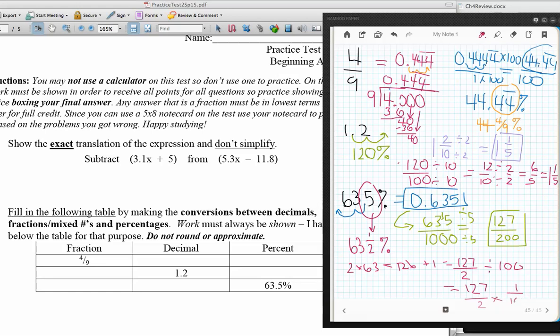And then with fraction multiplication, I multiply across the numerators. 1 times 127, 127, and 2 times 100, so that's 200. And so we have the same exact answer as we had before, 127 over 200, just like this answer right here. So that would be our conversion to a fraction.